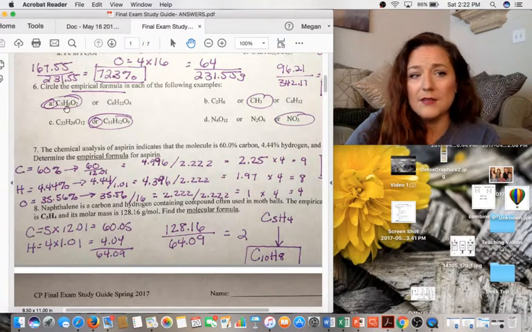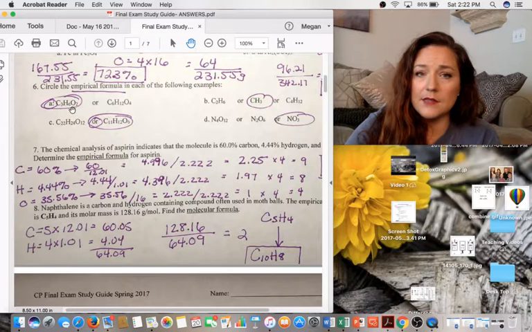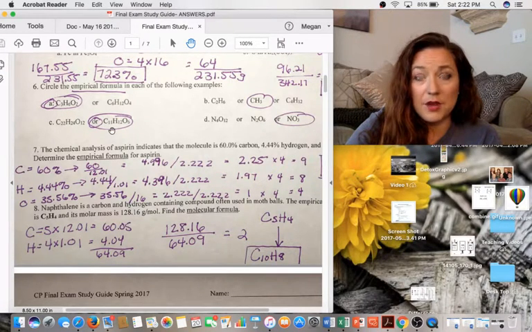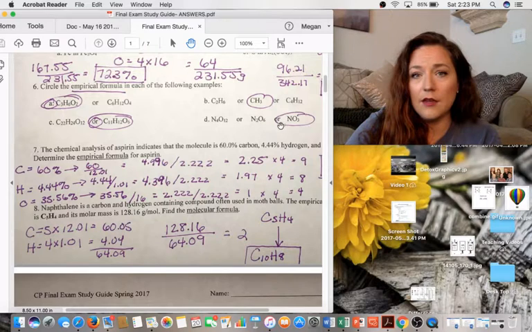So thus, the first one, C3H6O2, is my smallest. For B, that's going to be CH3. For C here, that's going to be C11, because that's an odd number, it's prime as well, H12O6. For D, NO3 for your choices.